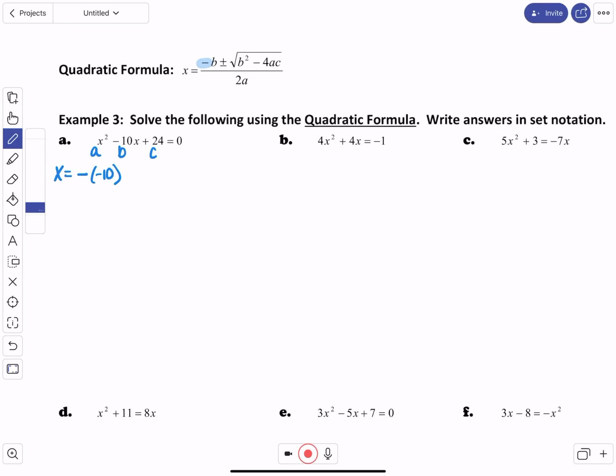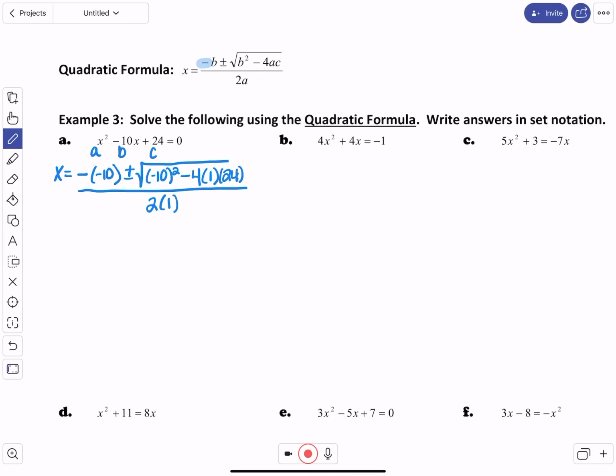Then it's plus or minus the square root of b squared. So -10 squared minus 4, because the 4 is part of the formula. A is 1. C is 24, and it's all over 2. 2 is part of the formula, and then a is 1.